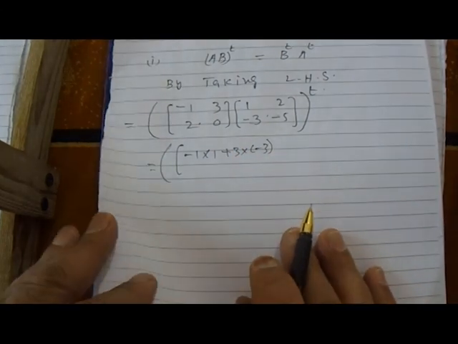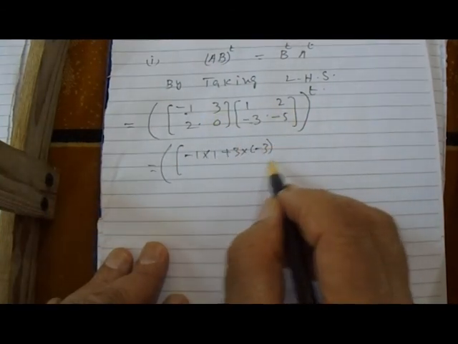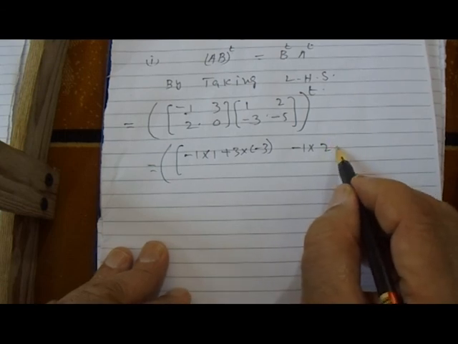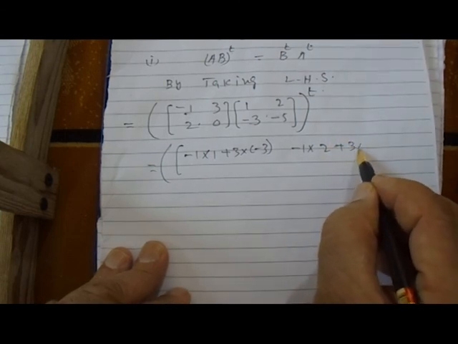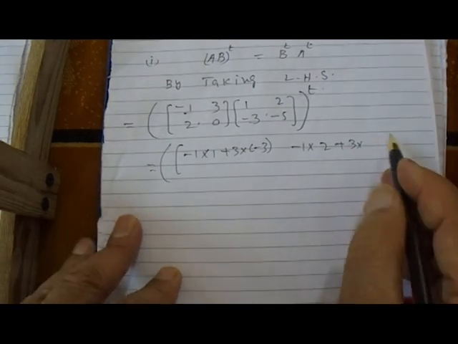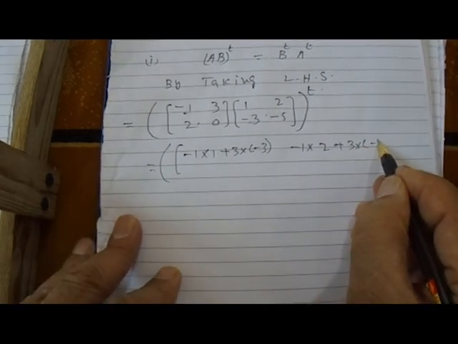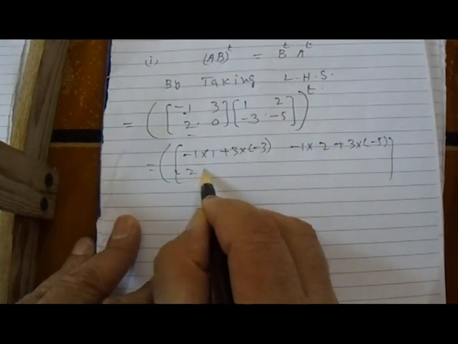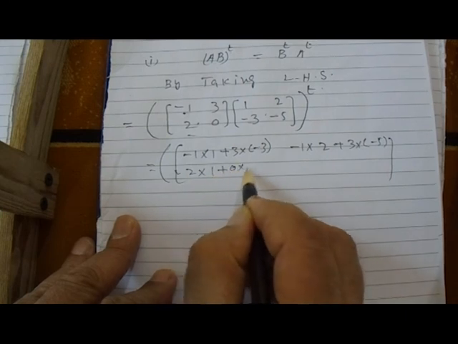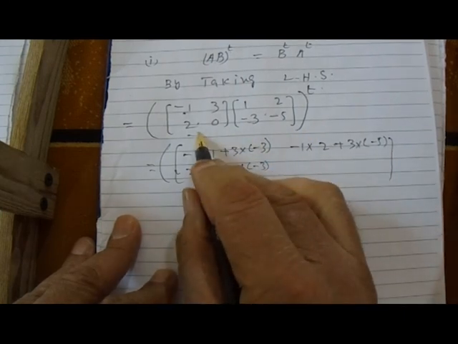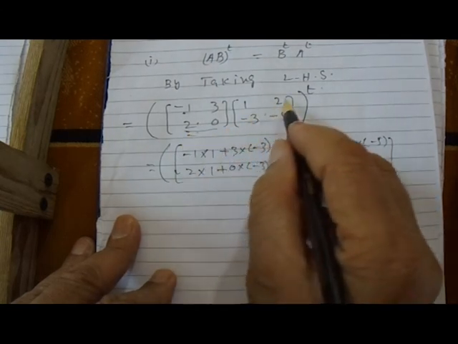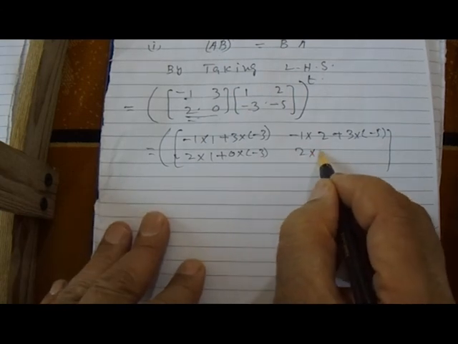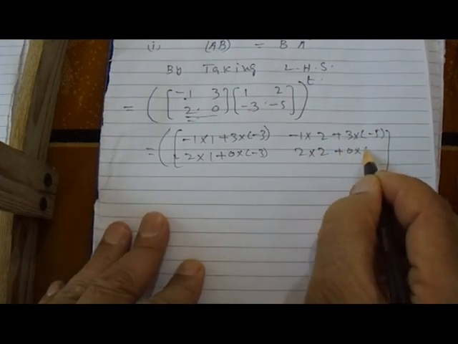Again this multiplied by this: minus 1 multiplied by 2 plus 3 multiplied by minus 5. And this will multiply this: 2 multiplied by 1 and 0 multiplied by minus 3, and this row multiplied by this: 2 multiplied by 2 plus 0 multiplied by minus 5.